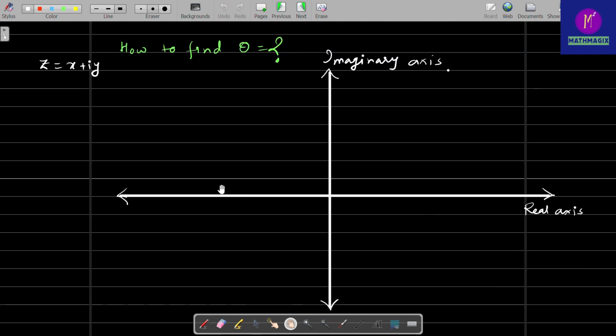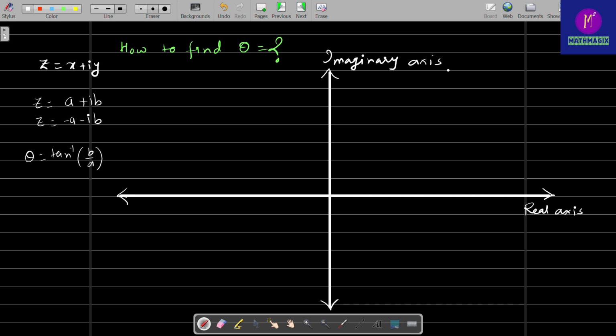Now every time it is not possible to find theta using the definition we have seen. While finding the angle theta for z equal to a plus ib, and for z equal to minus a minus ib, in both cases theta will be tan inverse of b by a.